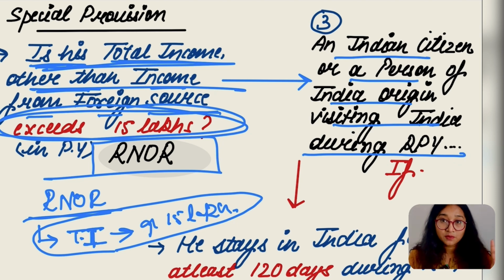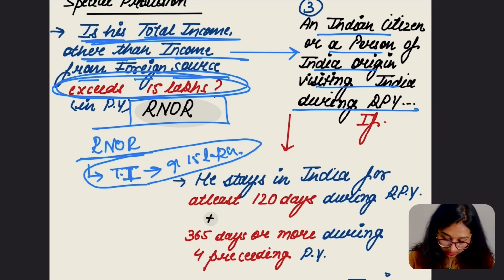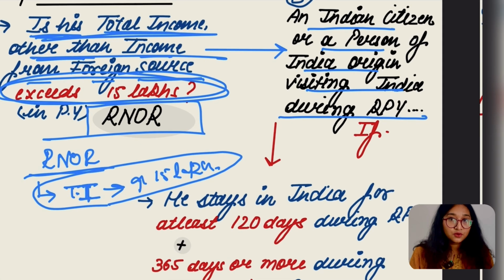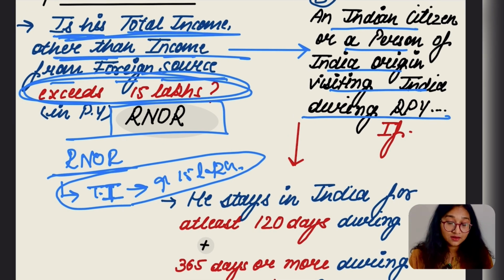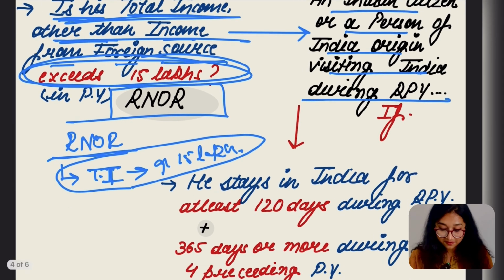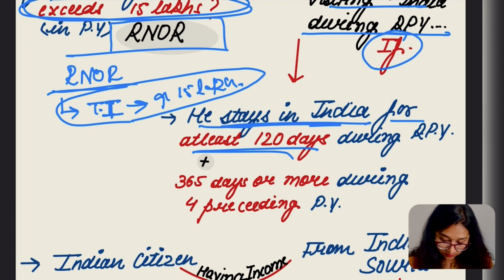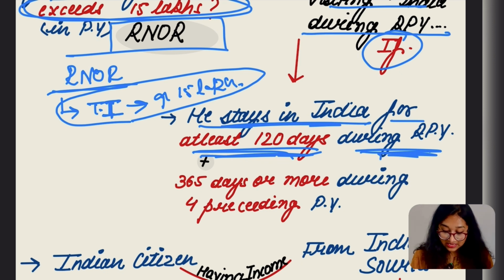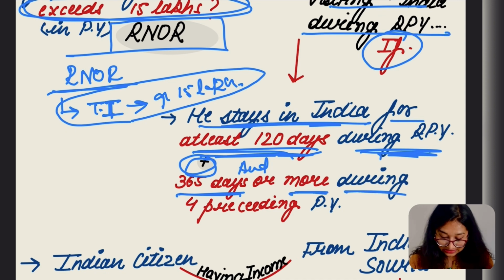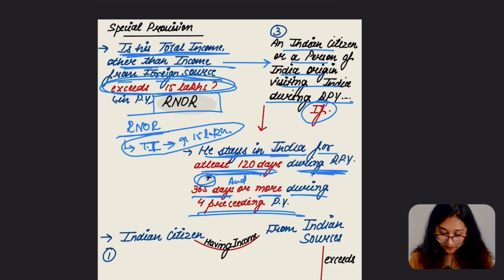If the Indian origin person or Indian citizen stays in India for at least 120 days during the relevant previous year, and 365 days or more during the 4 preceding years.